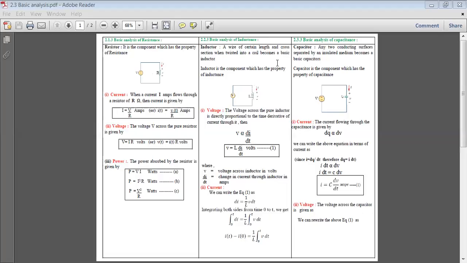Integrating both sides from 0 to t, we get I of t minus I of 0 is equal to 1 by L integral 0 to t V dt.